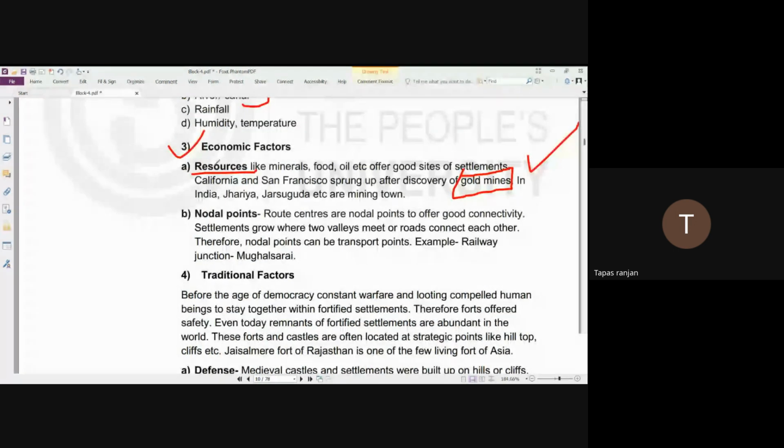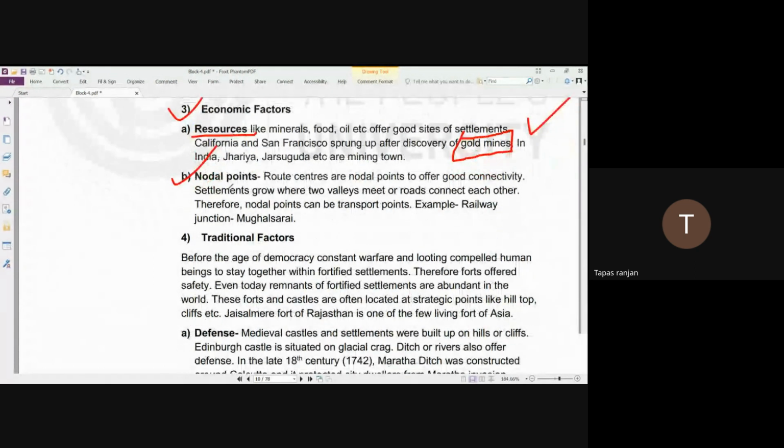So within economic factors, you have nodal points. Actually, nodal points are those points which provide you good connectivity, the transportation points. Okay, so they provide different transportation services.